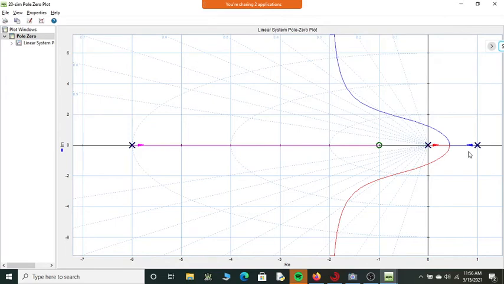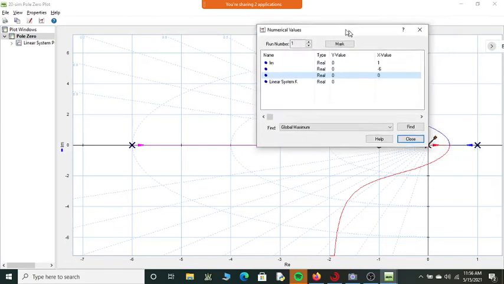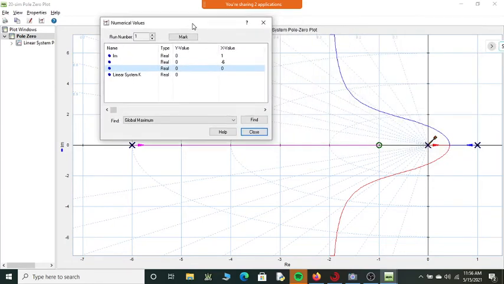Interesting. Shall I move the poles or shall I increase the value of K? Okay. Is it fine now? See now, it is at the same position, same location. Maybe it is windy, that's why.